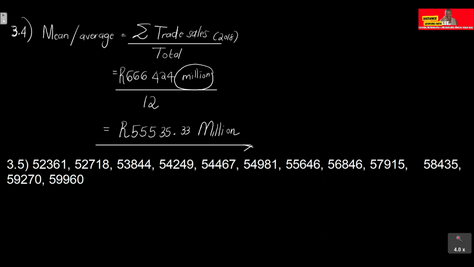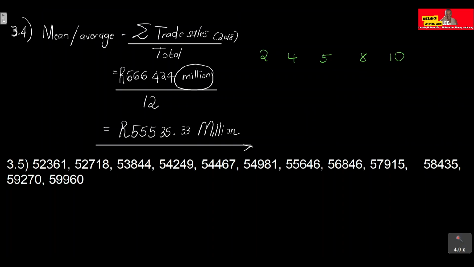For example, let's say we had 3, 4, 5, 8, and 10. This data is arranged in ascending order. For us to determine the middle value for this data, we need to find the value that cuts our data into 2 equal halves, so we have the same number of values on the left hand side and on the right hand side.